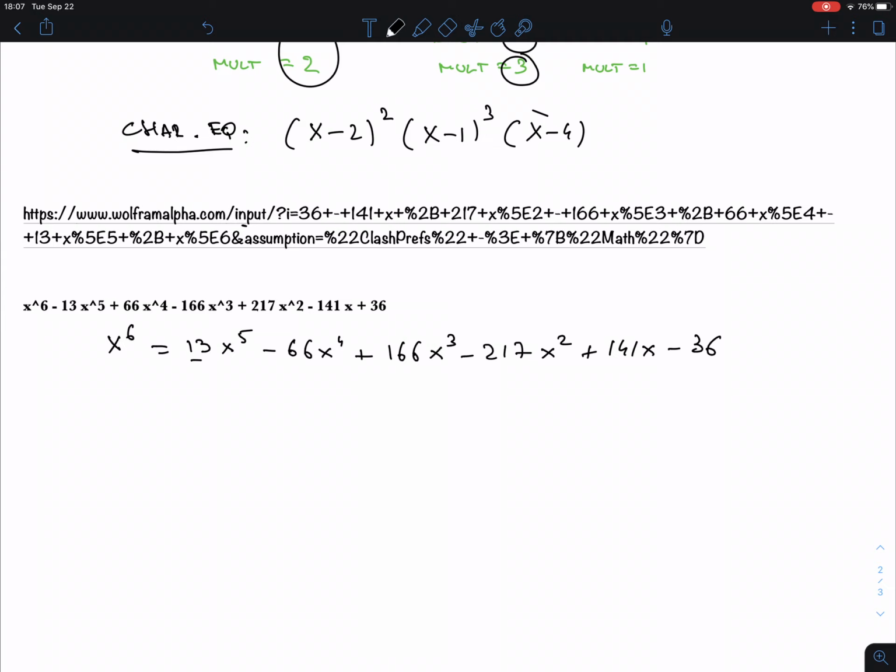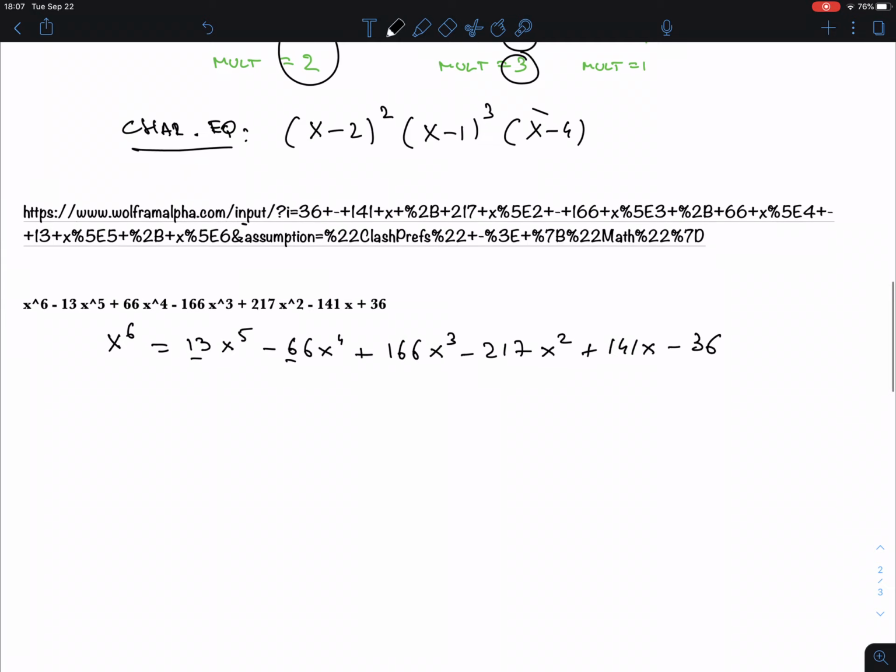The coefficients are the coefficients of the recurrence relation, and the highest degree corresponds to a_n, and the lower degrees correspond to the previous ones. Remember, recurrence is calculating your value from the previous values, and we go down by steps of 1. So the 13 would be the coefficient of a_(n-1), the 66 would be the coefficient of a_(n-2), and I keep going down.